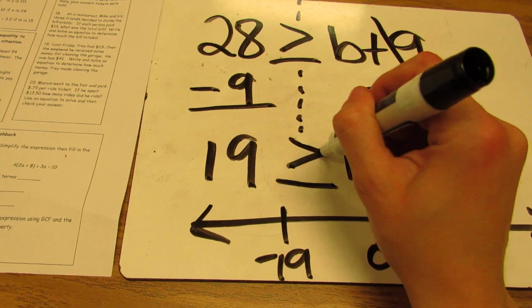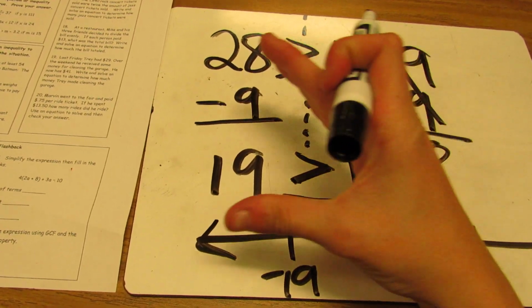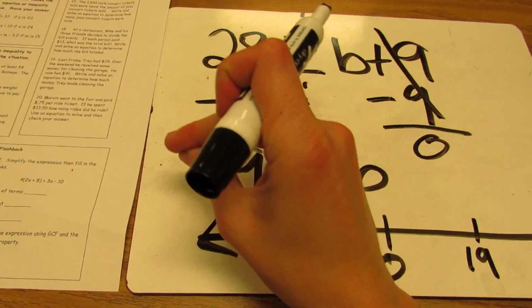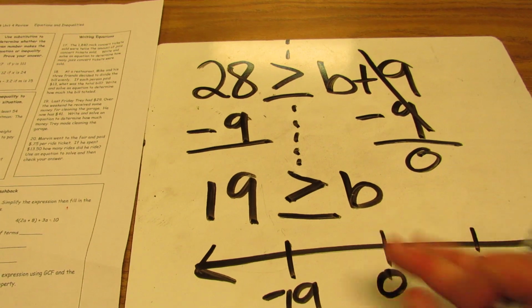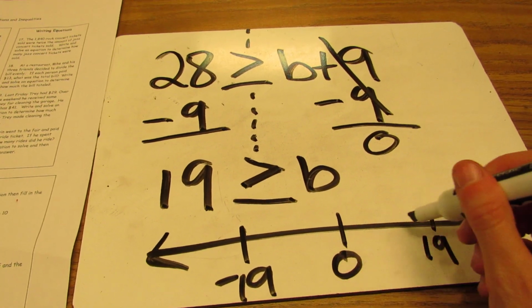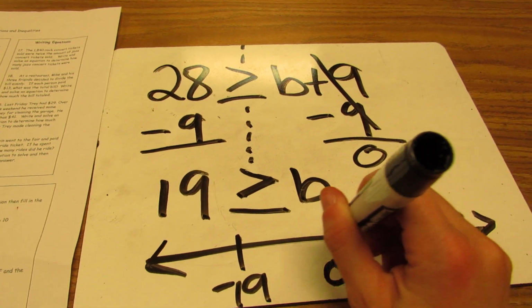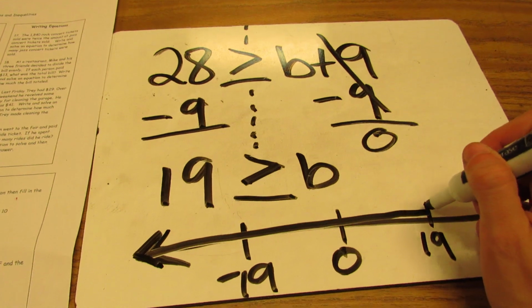Do you see how this inequality symbol is wanting to engulf 19? It wants to eat 19 because 19 is bigger. So that means b is going to be a smaller value. So 0 would actually work. So this means that my arrow would need to go to the left. Okay? So it would also be a closed circle at 19.